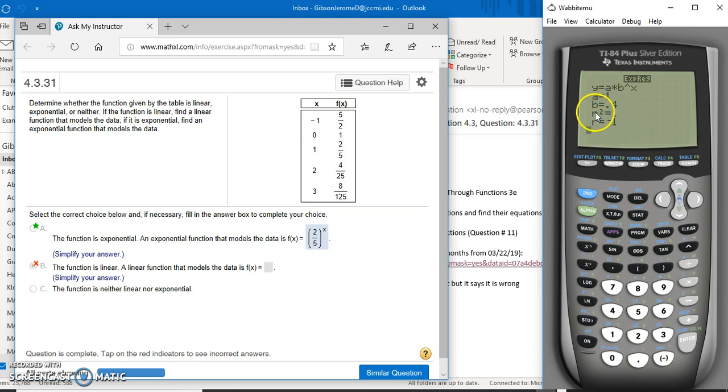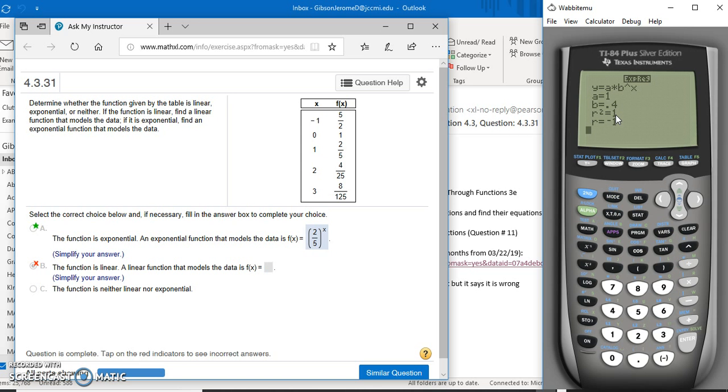R squared tells us that as long as it gets close to +1 or -1, or if it's exactly +1 or -1, our graph is exact. And here, since R squared is +1, our graph is exact. That would mean that it's definitely the exponential regression.